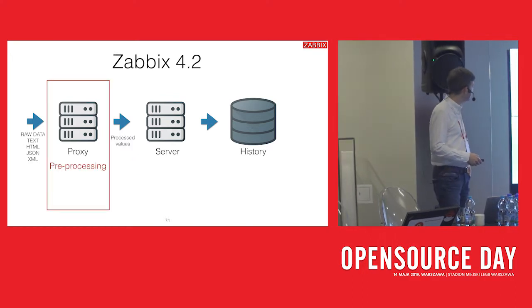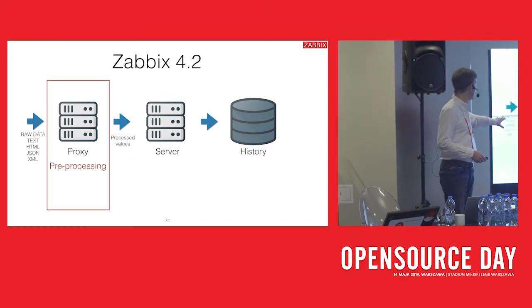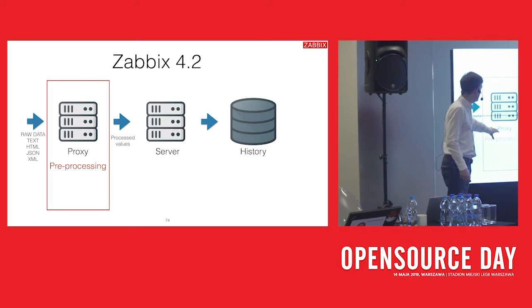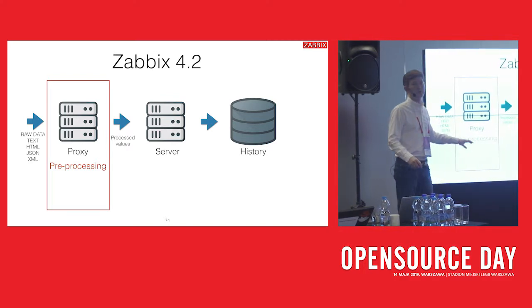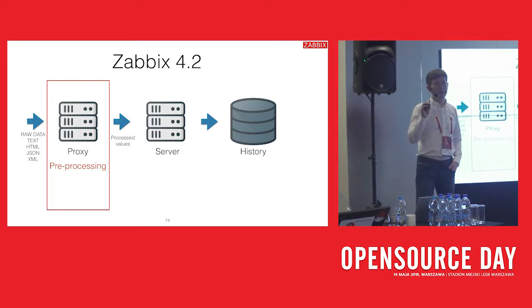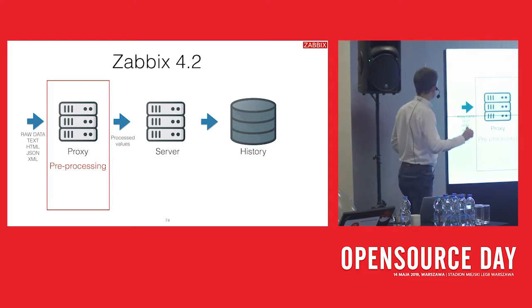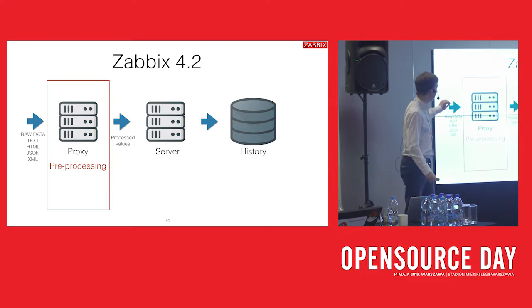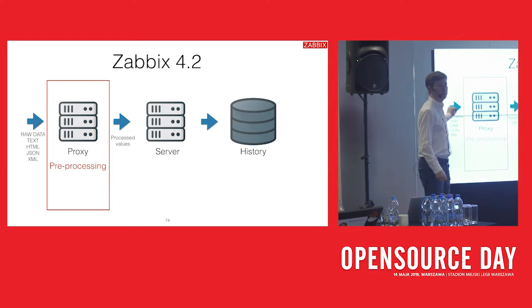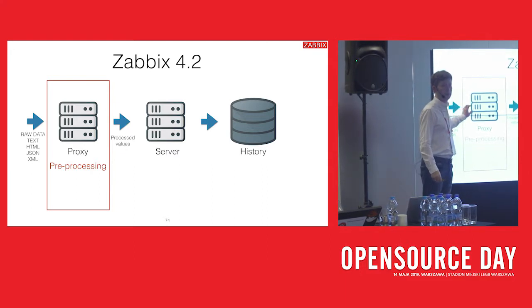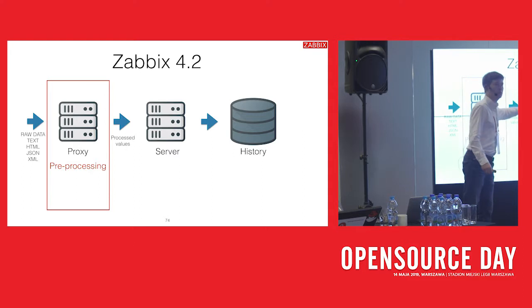But now, if you use proxies and something is monitored by the proxy, the proxy will do preprocessing. It's especially nice if you use throttling. For example, you have some local device here, and you'd like to monitor it very frequently, like once per second. So the proxy will monitor it very frequently, but only status changes will be passed to the server.